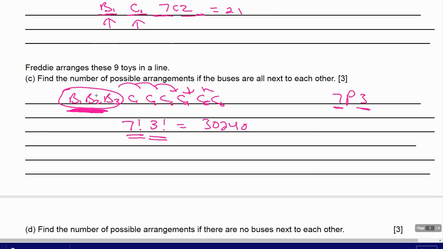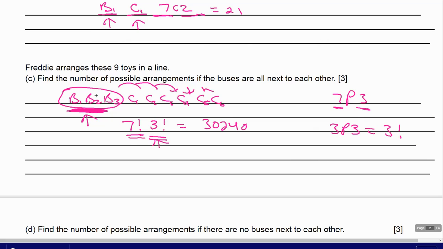How many buses do I have? And I'm arranging all of them, right? That's 3 factorial. If you will, that's 3p3. 3p3 is the same thing as 3 factorial. I've got 3 things, I'm arranging all 3 of them. All right? Does that make sense?